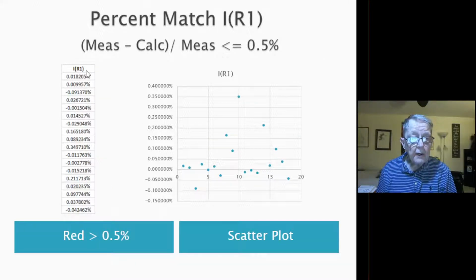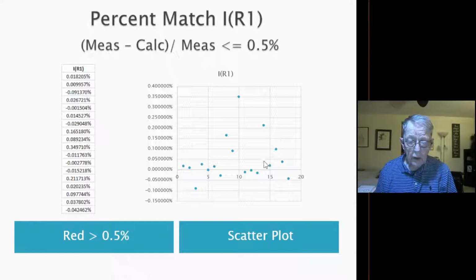And then finally, here's the resistor R1, the percent match. And this looks like it's all over the place, but keep in mind the scale: the way the spreadsheet does these charts, it stretches this out to put the points there. This is only 0.35% off, worst case, negative 0.1% off, worst case.